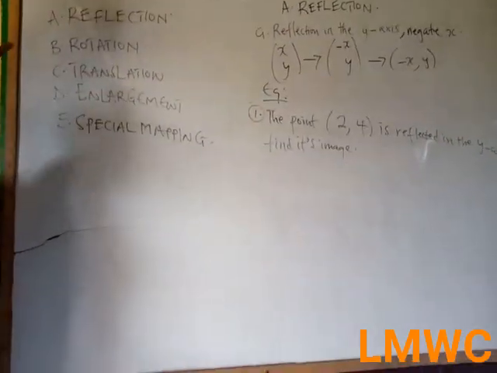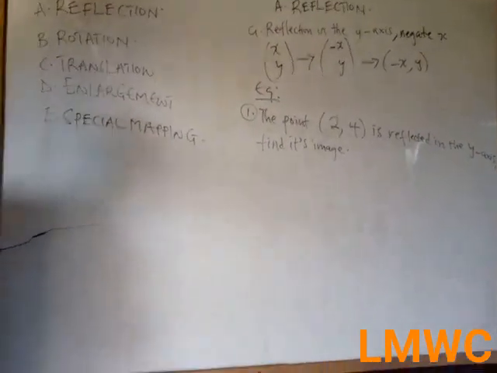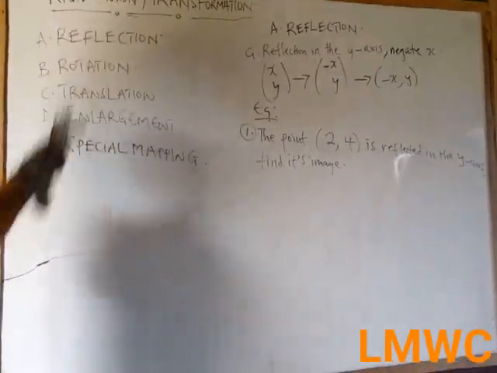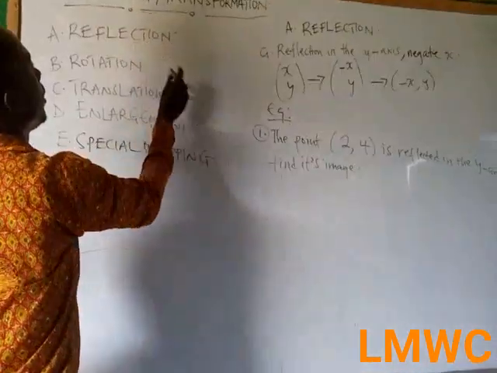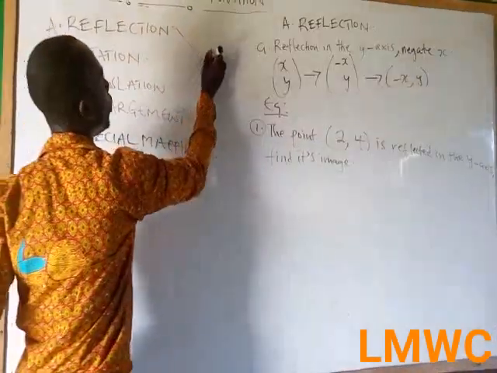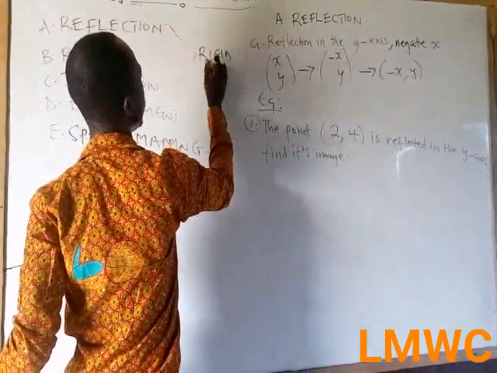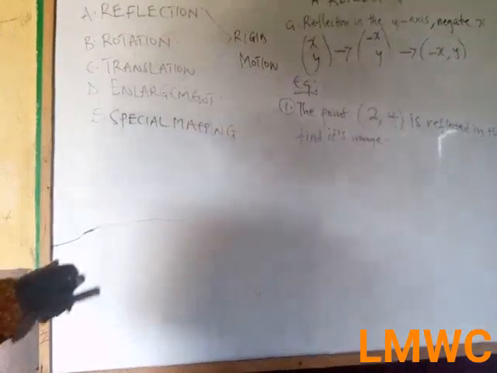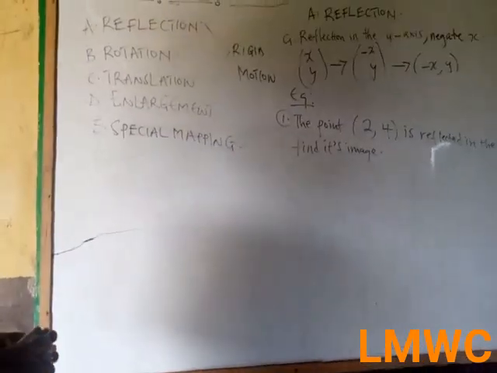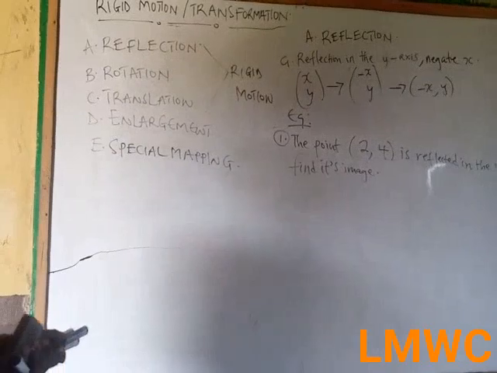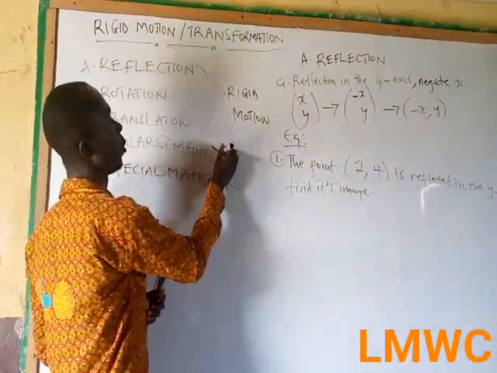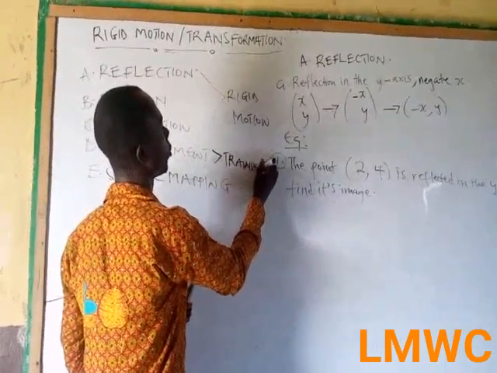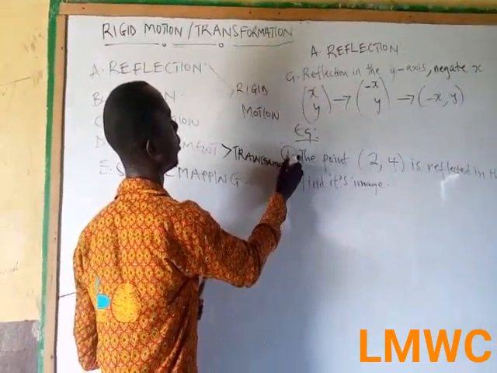Under rigid motion, the size or shape of the object will not change, but under transformation, it will change the size. So reflection, rotation, and translation are all rigid motion because the size or shape of the object will not change. But enlargement is a transformation because the size of the object will what? Change.